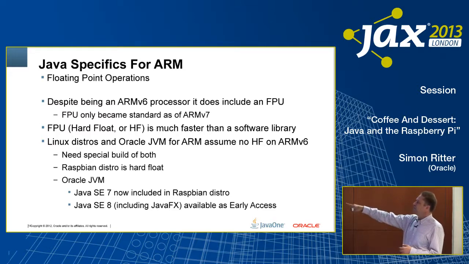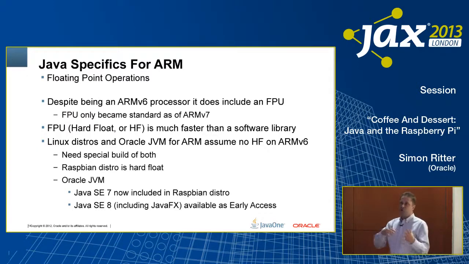What we did fairly recently, in fact literally last month, was release a supported version of Java SE 7, which is now included by default in the Raspbian distro. When you download the Raspbian distro, you get Java from Oracle rather than the OpenJDK implementation, compiled for hard floating point by default.